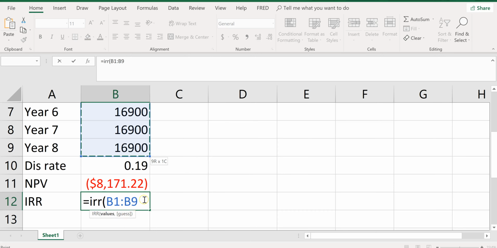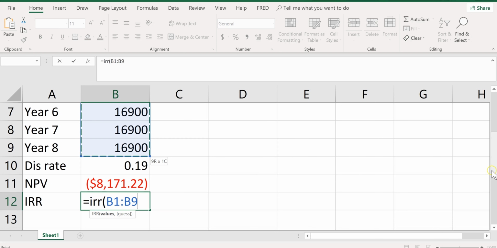And then the guess. Guess here means the starting value for the IRR, because the way Excel gets the IRR is also by trial and error. So this guess tells Excel what number to try first, and after Excel calculates the NPV based on that discount rate, based on whether the NPV is positive or negative, Excel can choose the next guess for the discount rate, until finally the NPV is 0, and the corresponding discount rate in that case is the IRR.